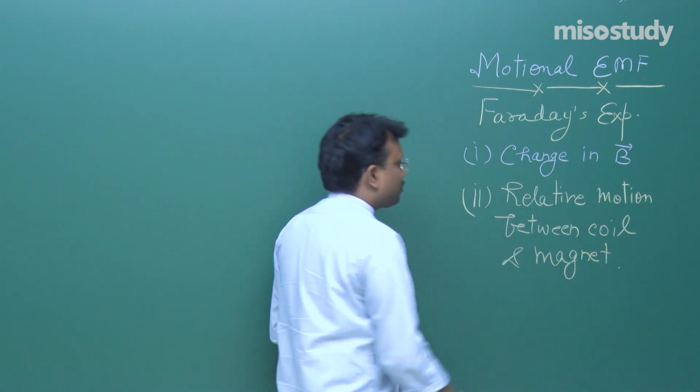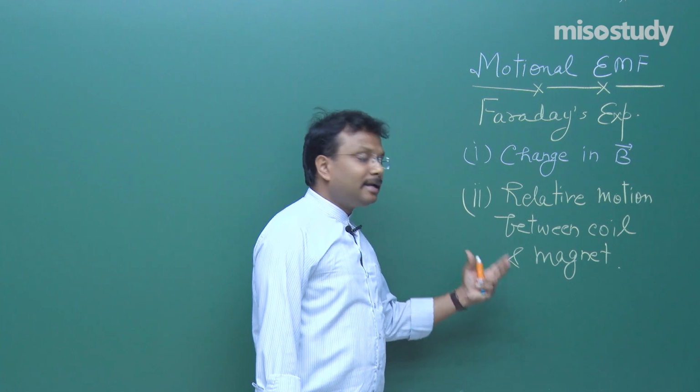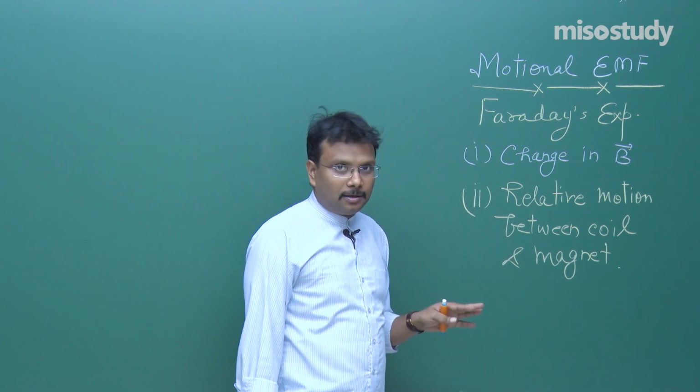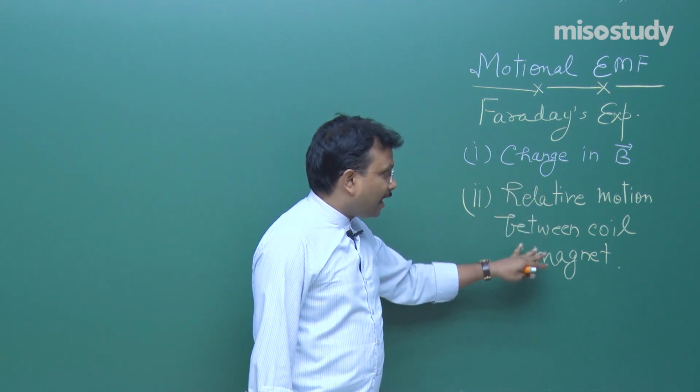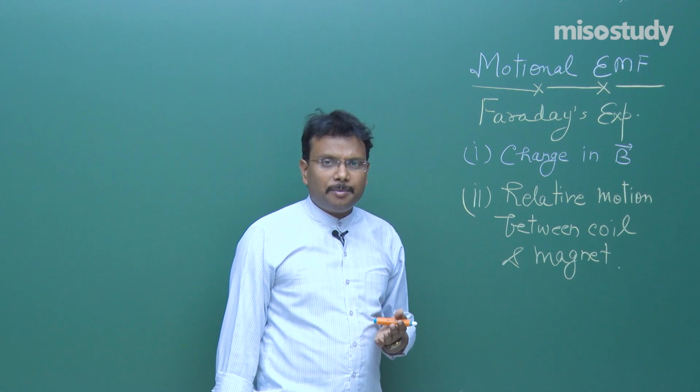Now, magnet means basically if the magnetic field lines or flux is changing or cutting, then this second point has relevance for this motional EMF.